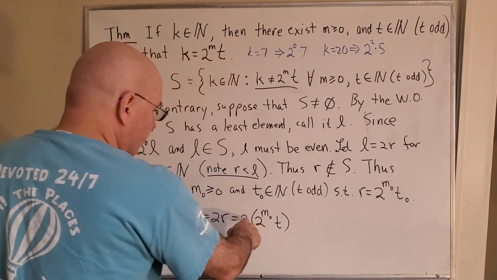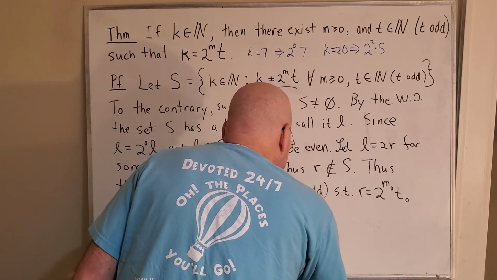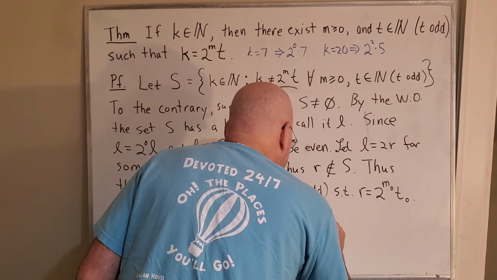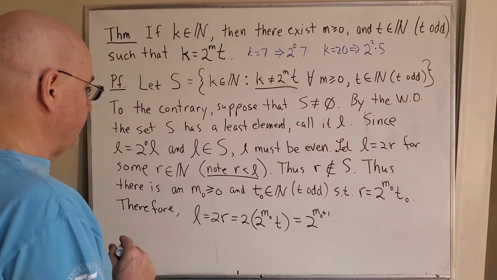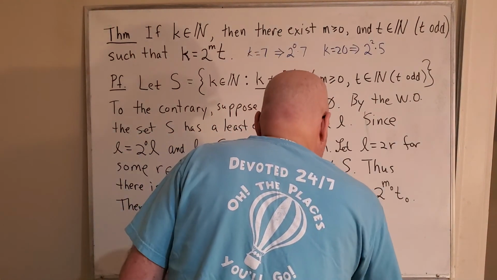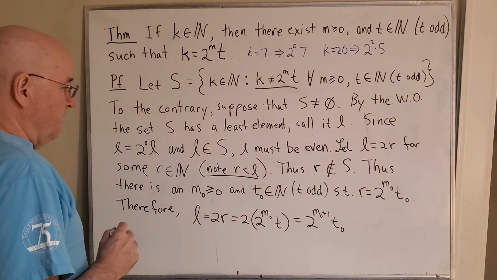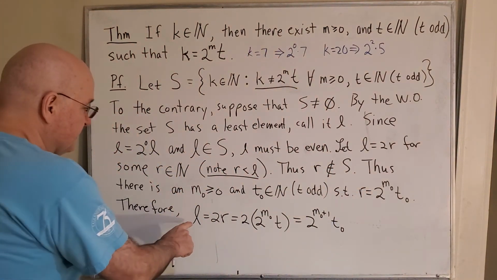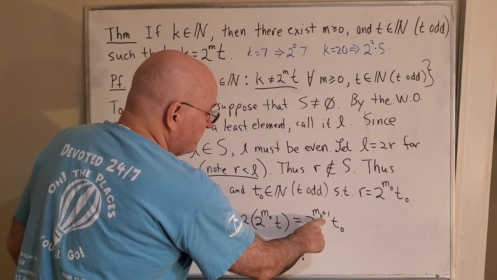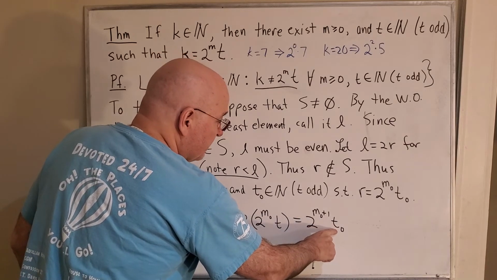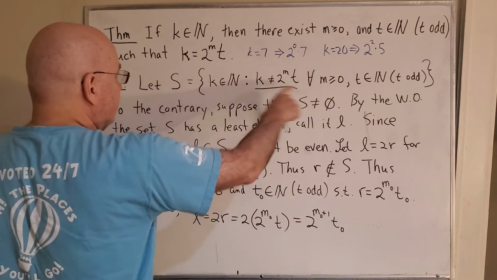And what is that equal to if you multiply this through? 2 times 2 to the m naught gives us 2 to the m naught plus 1, some other positive integer, times t naught. So this implies that L equals 2 to this non-negative integer times an odd positive integer, and that's exactly what it means to not be in this set.